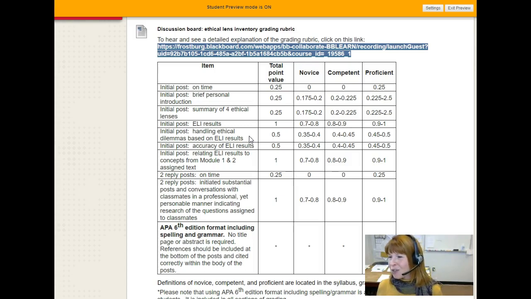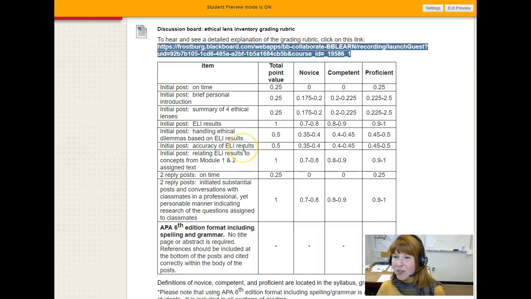I don't know why it's overlooked, but this is the part that is most often absent from an initial post. So please don't overlook that. In other words, this is asking you, based on your ethical lens inventory results, how are you most likely to handle those ethical dilemmas and those really tough situations professionally?